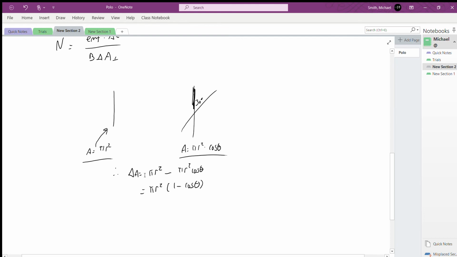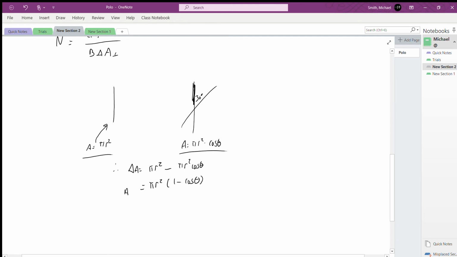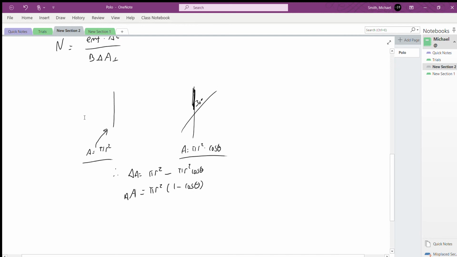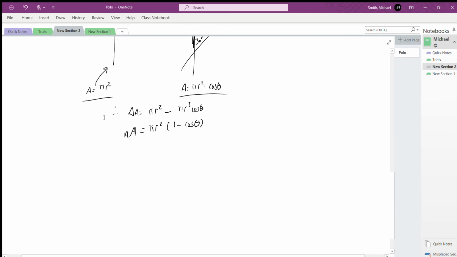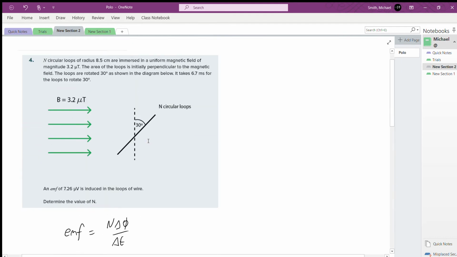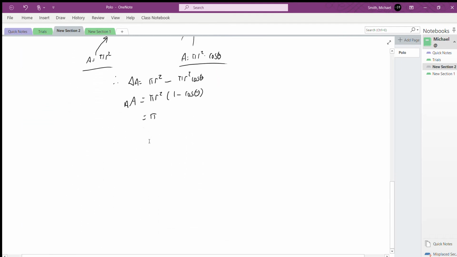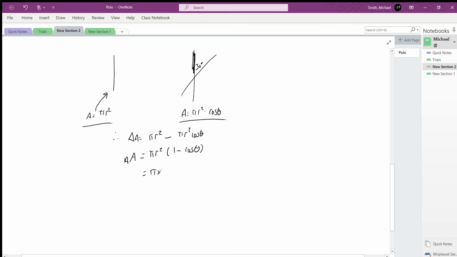That's a little bit difficult. So what we're going to do is calculate the change in area first, and then substitute the rest of our values to work out the value of n. So here the change in area is pi r squared. R is the 8.5 centimeters given in the question. Of course, we'll write that in meters, so 0.085 squared (1 take cos 30).